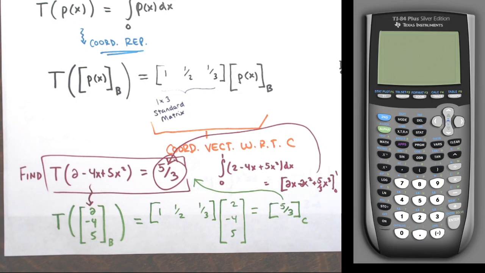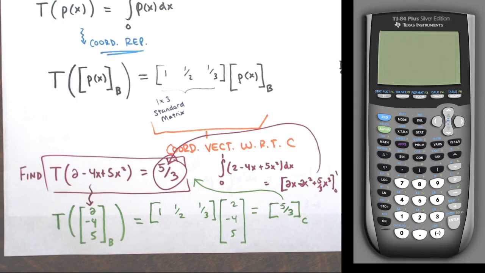That product will give you a coordinate vector where the coordinates are relative to basis C, which is a basis for the codomain. And then you can use those coordinates and that basis, make a linear combination and find what the output should be. Or you can, of course, just plug it into the rule.